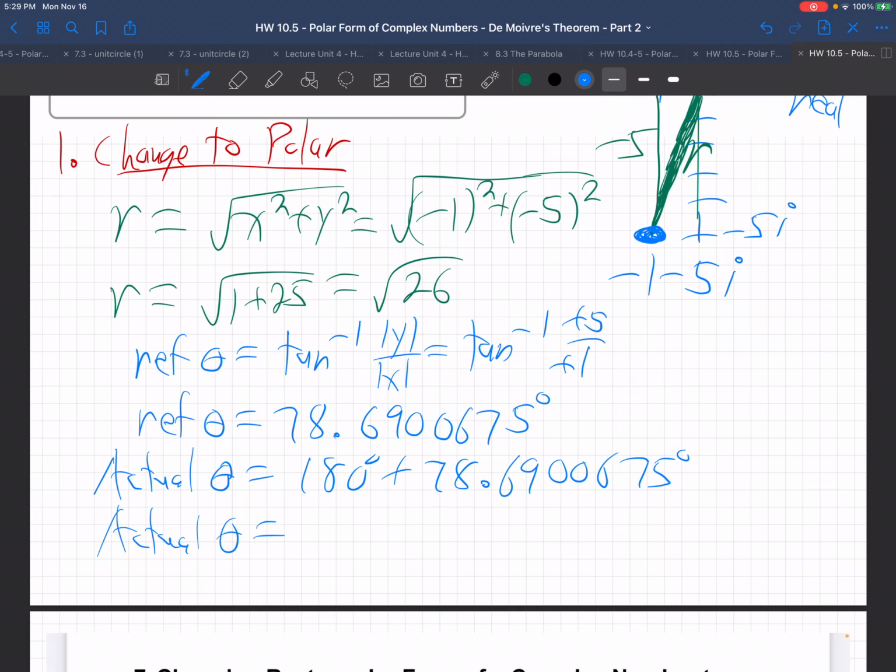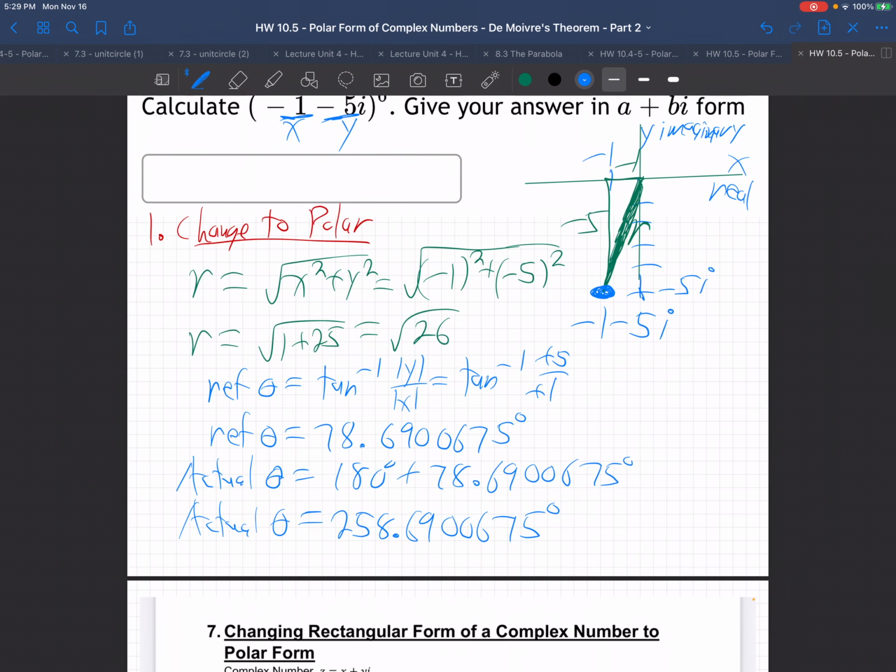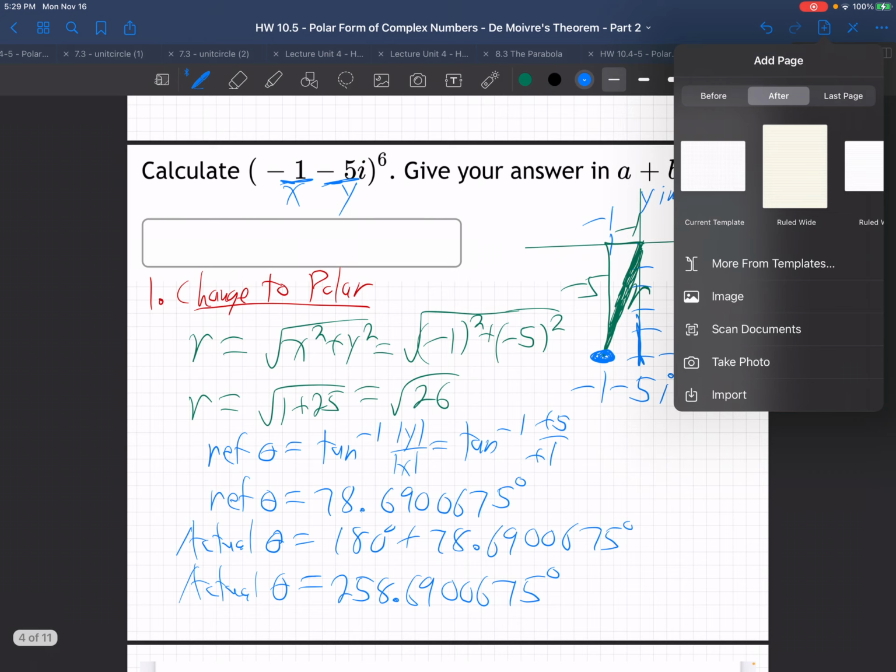So the actual angle theta is 180 plus 78.6900675 degrees, which is 258.6900675 degrees. That makes sense. We're in the third quadrant, right? We're almost at 270 degrees, straight down. So that's the actual angle.